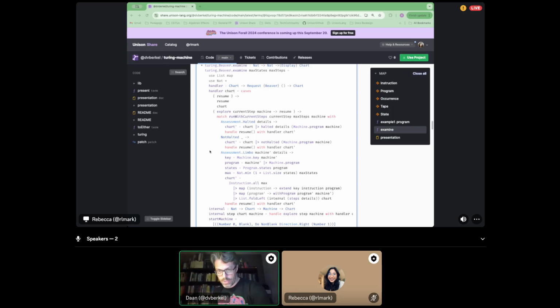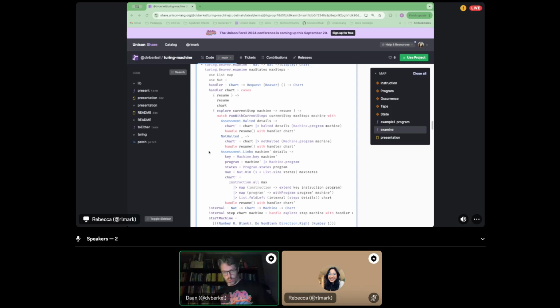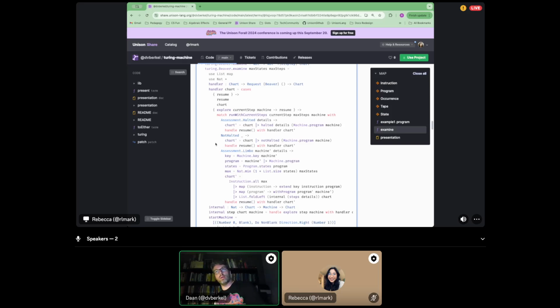Basically, if you're asked to explore a machine that has already run for a current number of steps, you will simulate it until one of a few things happens. Either the machine halts, that's on the first line, or it didn't halt, so you ran out of time, or you asked an instruction for a key, a combination of state and a symbol that the program doesn't know about.